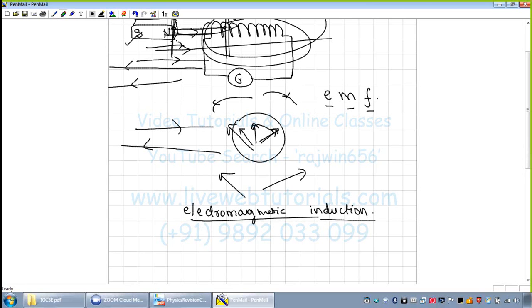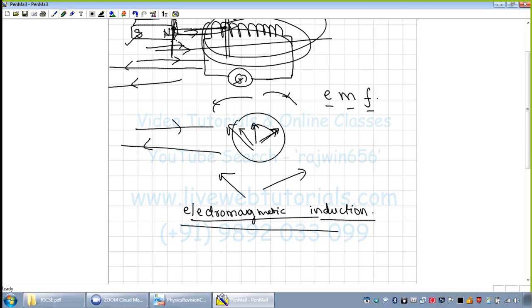The strength of the magnetic field cut through this coil continuously keeps on changing. That generates an induced EMF. Due to that reason, the current starts flowing through this coil. This is known as electromagnetic induction.